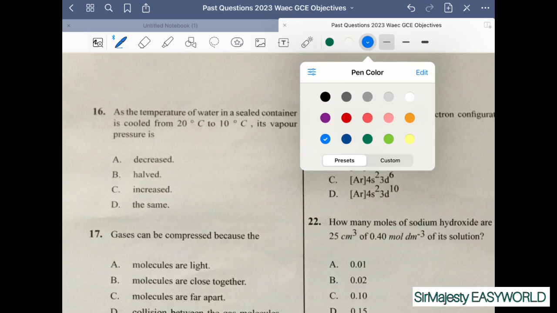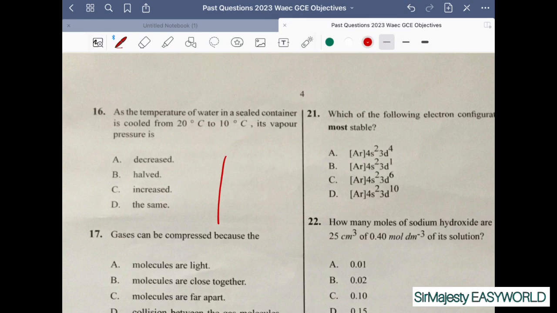Maybe this is the sealed container, and you have heated the liquid, so the liquid now has a vapor. This is the liquid level. Above this liquid, you also have the vapor, in the form of gas, moving and hitting the walls of the container, and that container is sealed.